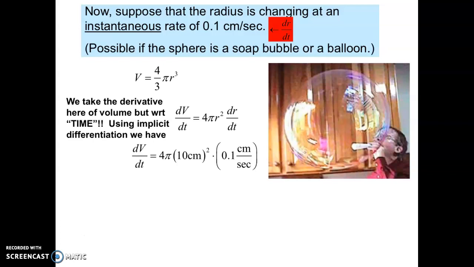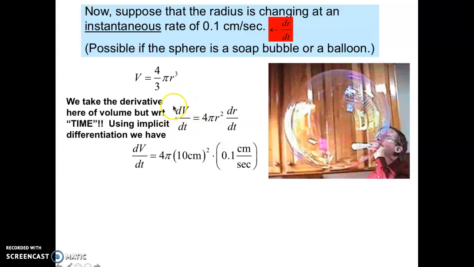Solving this equation by substituting what they gave us at this particular instant in time: I didn't state it in the very beginning, but the sphere is still 10 centimeters to start. So I would say the radius is 10 centimeters to start, so we would substitute 10 in for the radius. And we were given the rate of change at this instant. The instantaneous rate of change, which is the derivative of the radius with respect to time, can now be plugged in here for dr/dt.